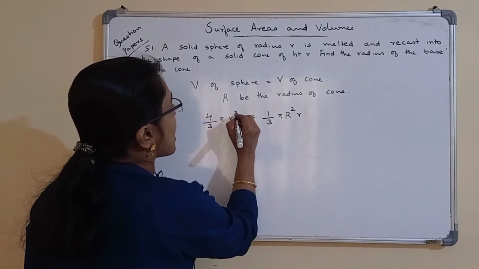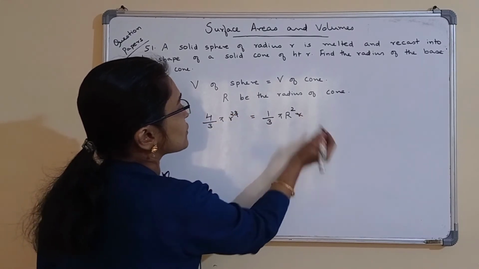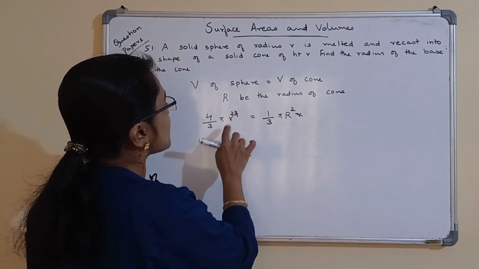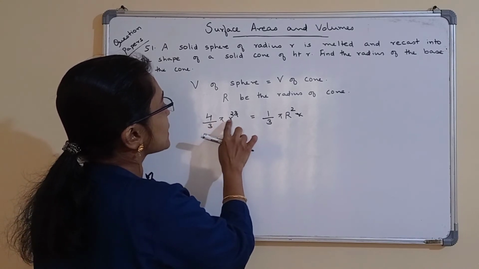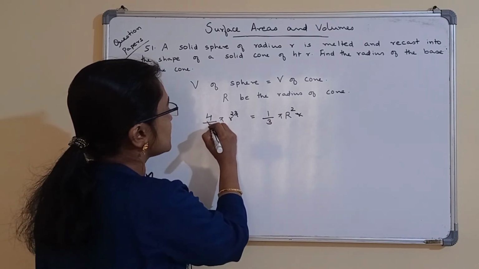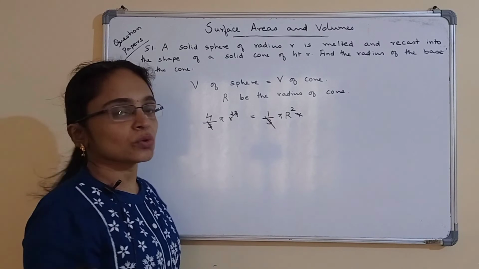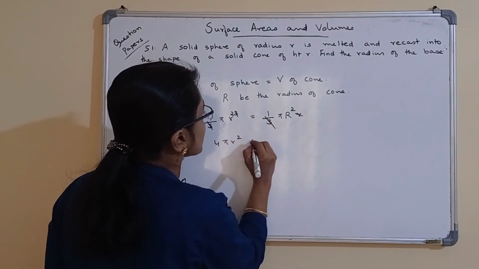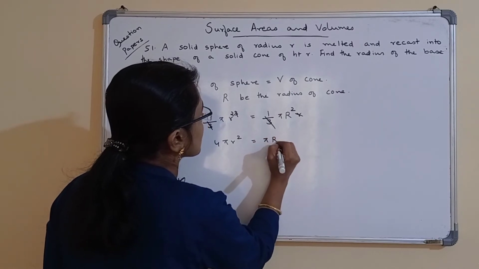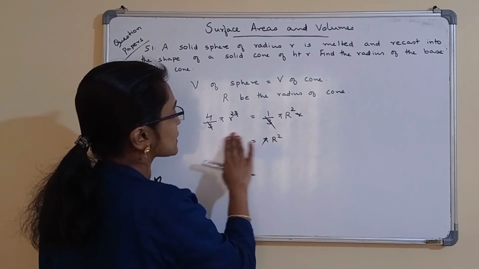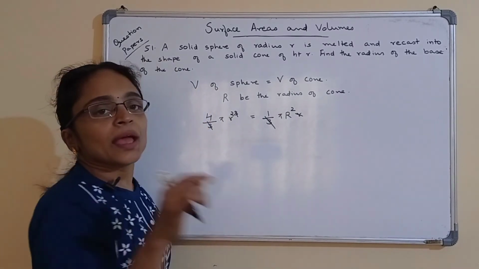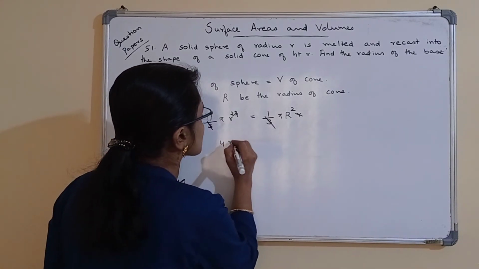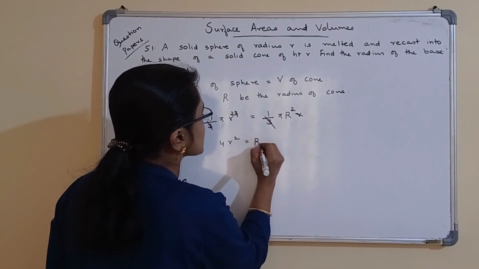And 1 r will get cancelled from this. So we have 4 by 3 pi r square, and divided by 3 will get cancelled from both these. So we have 4 pi r square equal to pi R square, and pi also will get cancelled. And so we have 4 r square is equal to R square.